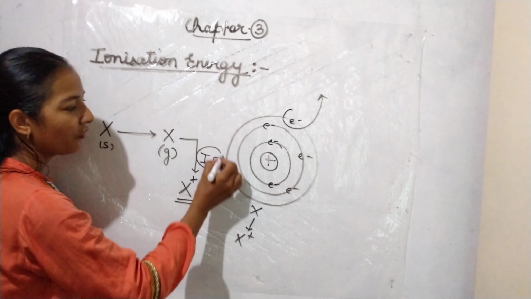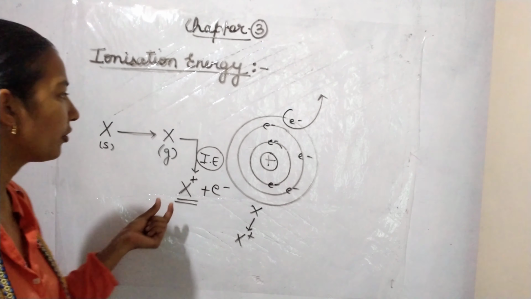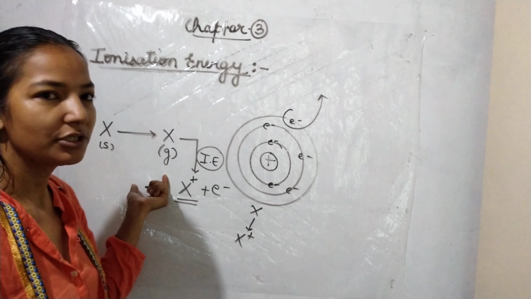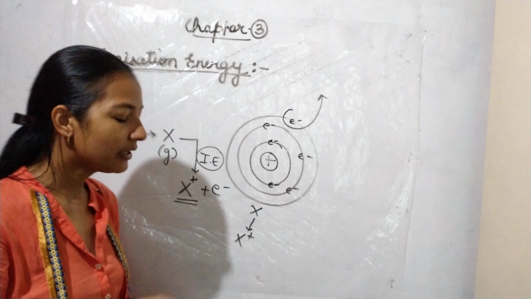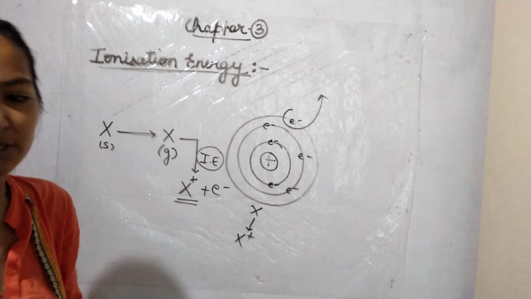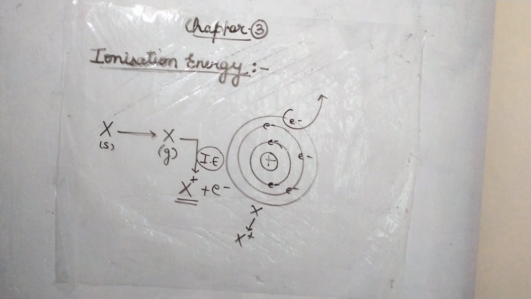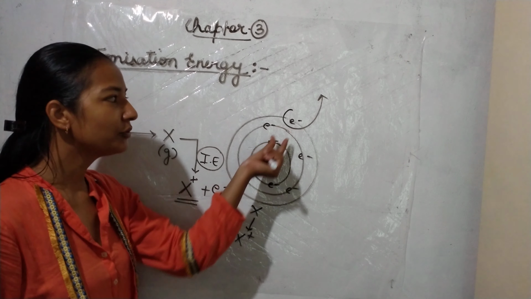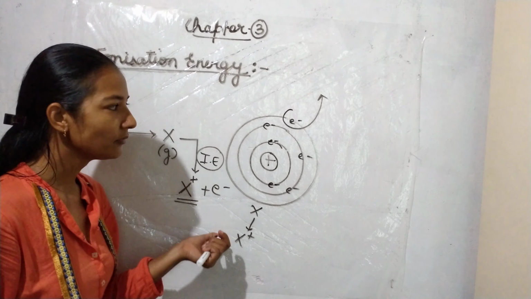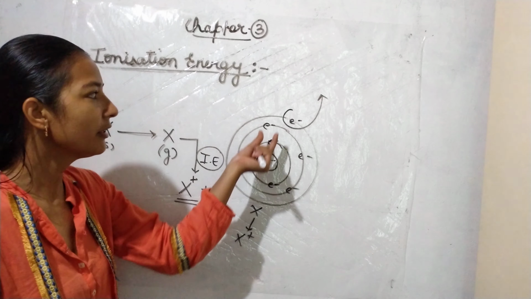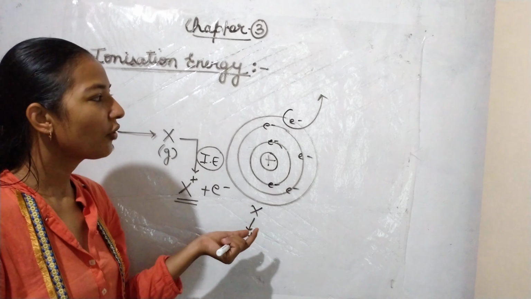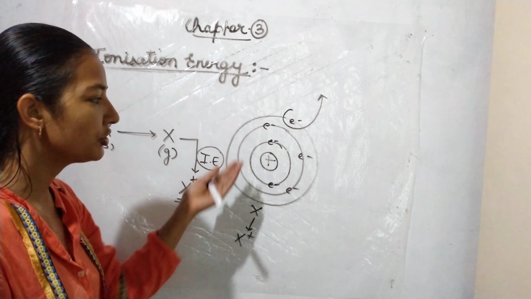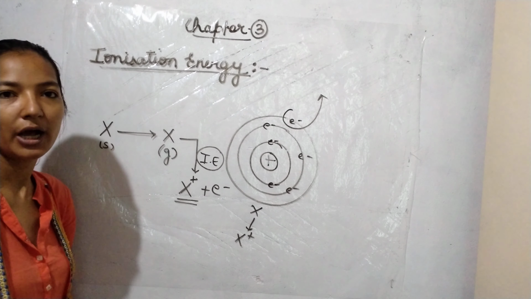This required amount of energy to remove an electron from the outermost valence shell of a gaseous isolated atom is called ionization energy. So students, you have to remember: ionization energy is the energy required to remove an electron from the isolated gaseous atom from its valence shell to convert it into an ion.